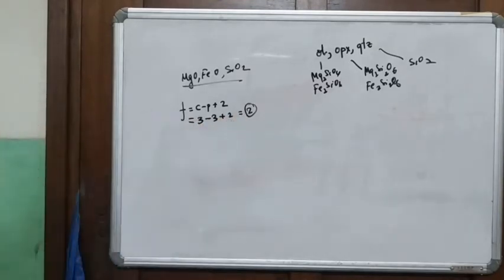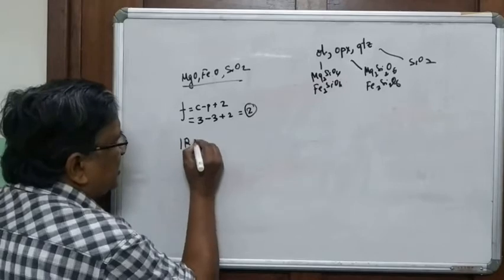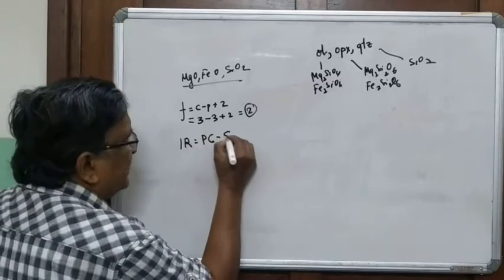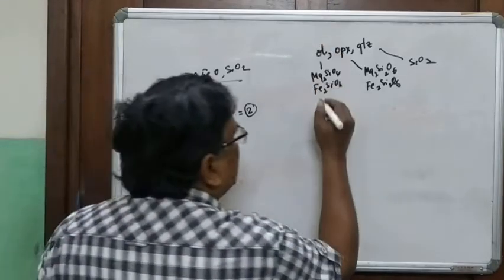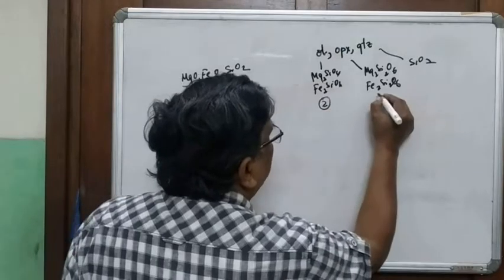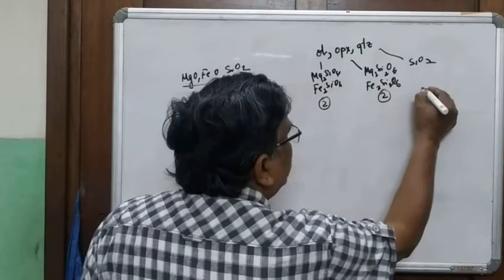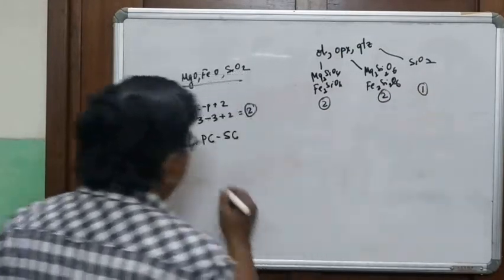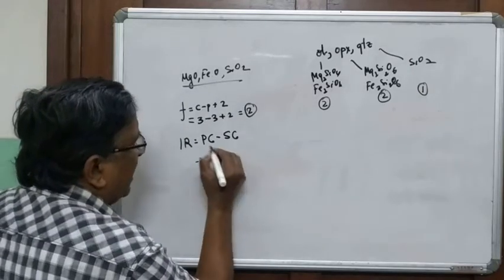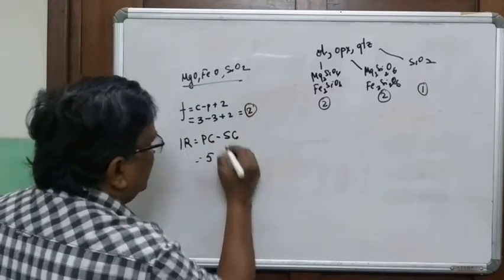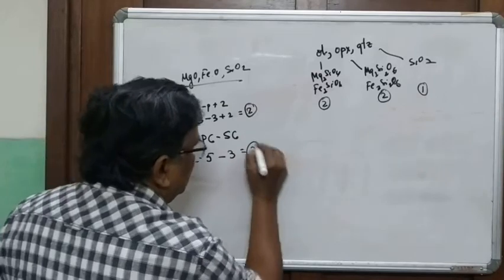Now once more, how many independent reactions do you have? The number of independent reactions is the number of phase components minus the system components. How many phase components in olivine? 2. In orthopyroxene? 2. In quartz? 1. So it's 5 minus system components, which is 3, equal to 2.